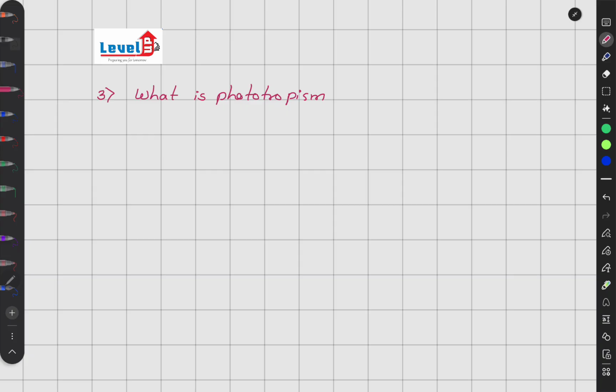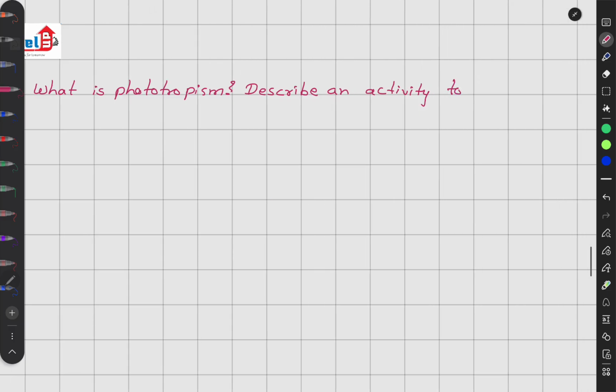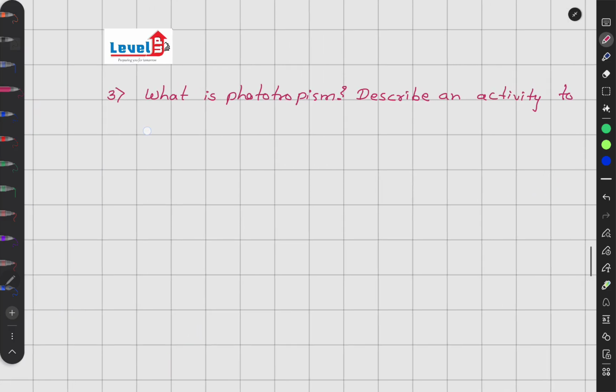And describe an activity to demonstrate phototropism.